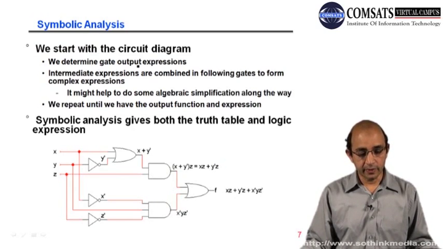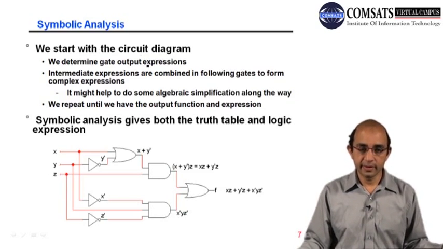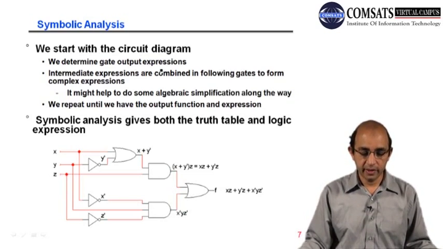So we can start from the circuit diagram, and we actually get the Boolean expression at the output gate. And the intermediate points, or expressions, are combined. So you can see that here at the output of each and every gate we have a Boolean expression.